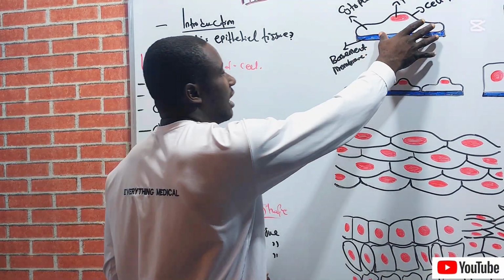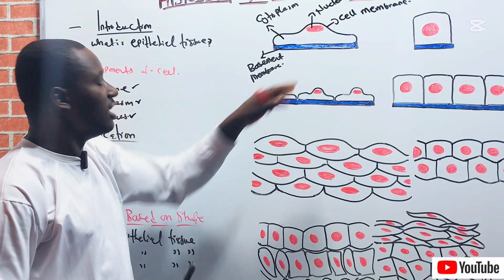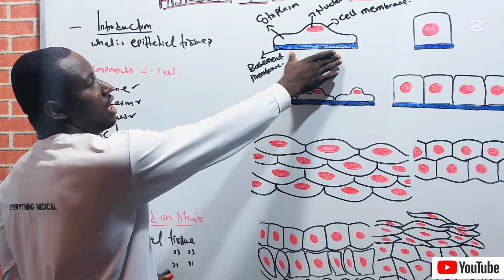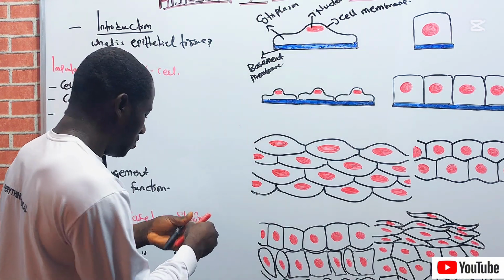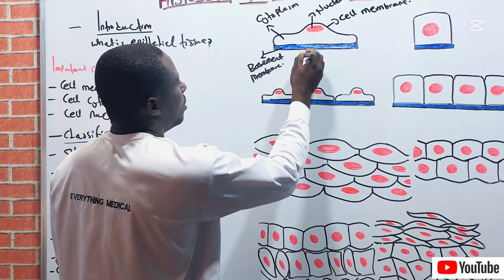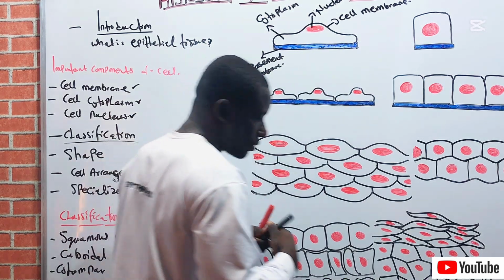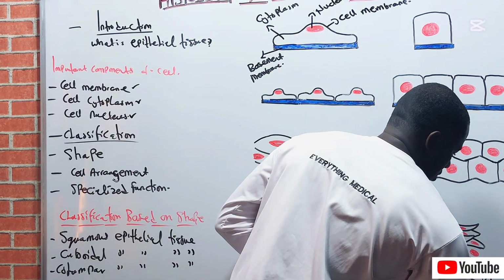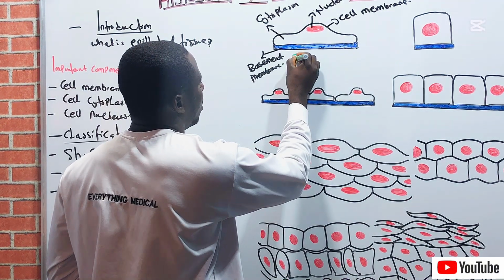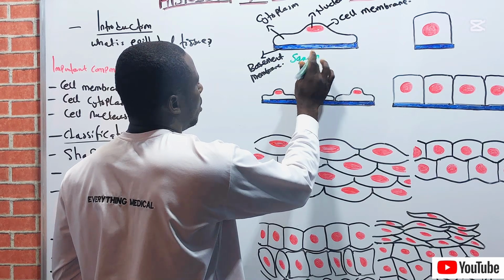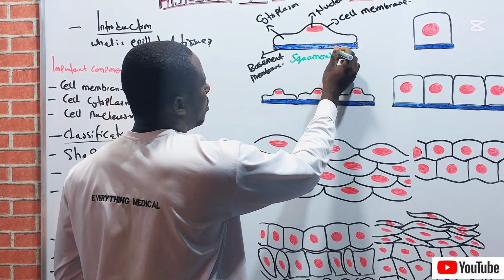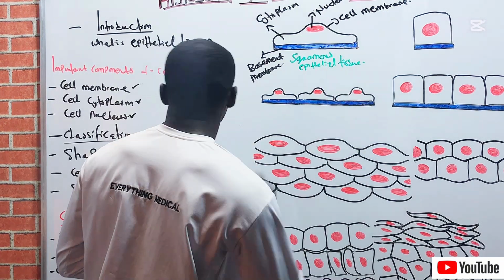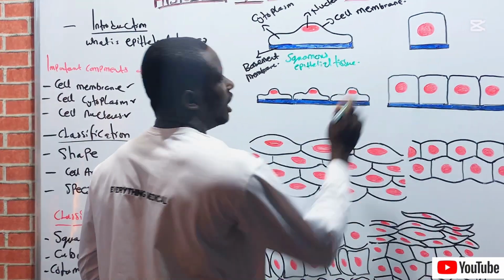Now, this cell that you are seeing here is a squamous epithelial tissue. This is a squamous what? Epithelial tissue. This is a cuboidal epithelial tissue.